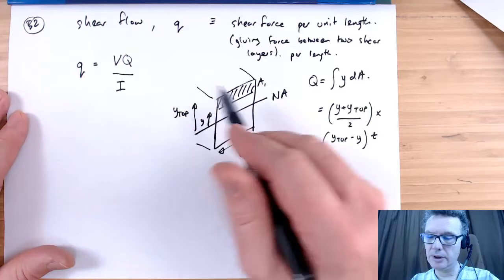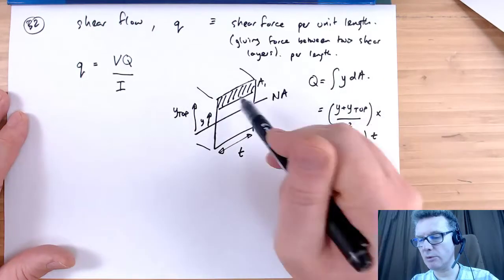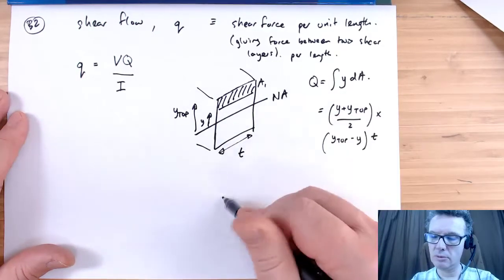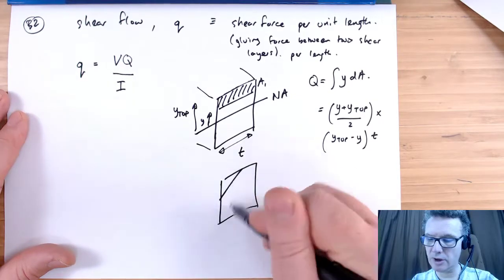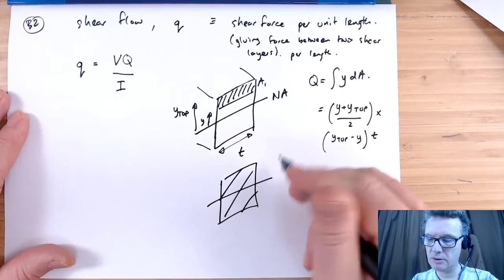Your I is not the second moment of area for this section, but the second moment of area for the entire section.